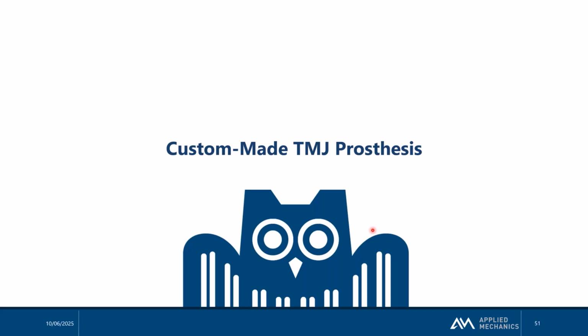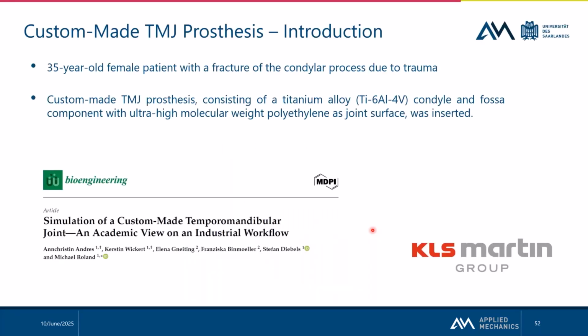Hello everybody. I want to show you our latest results on custom-made temporomandibular joint prosthesis. And in this paper we compared two different workflows. One workflow was industrially driven, and the other one was totally from an academic viewpoint. And the main differences are that the academic workflow normally works only on fully segmented image stacks, where the industrial workflows have access to the computer-aided design models of the implants or prosthesis.